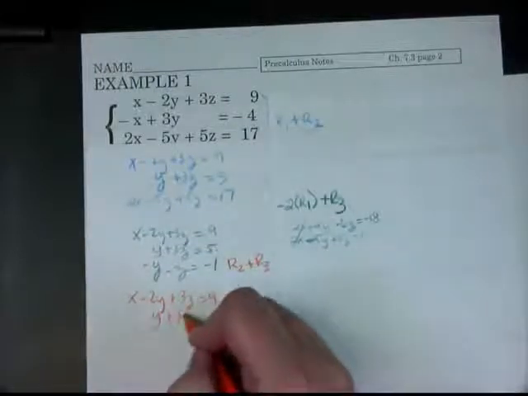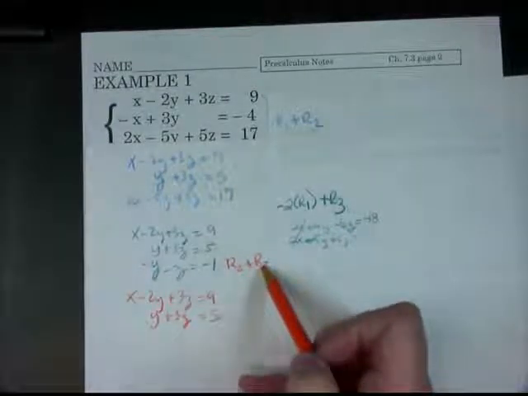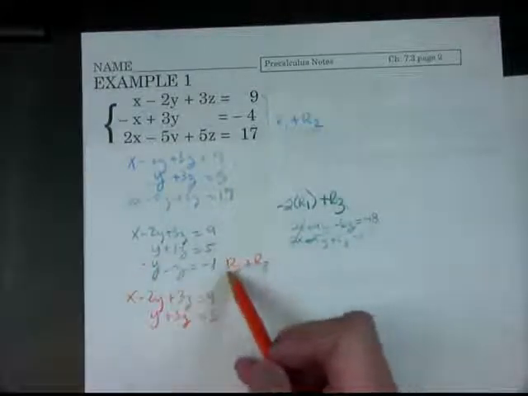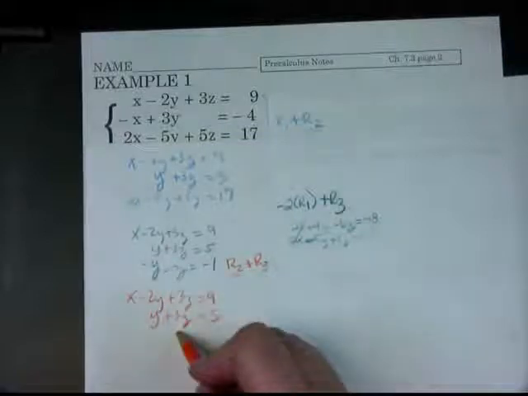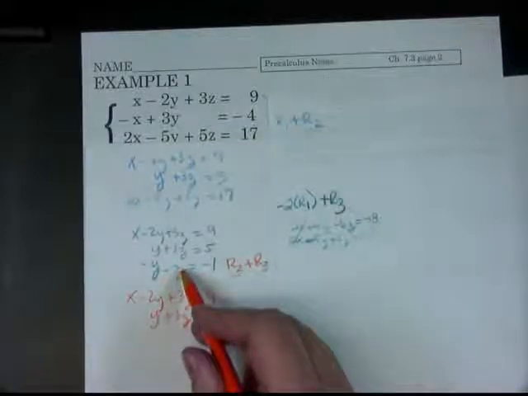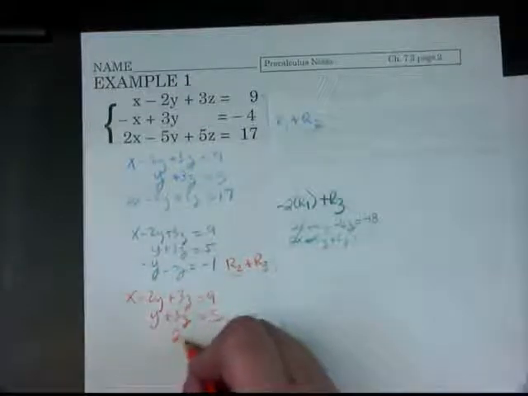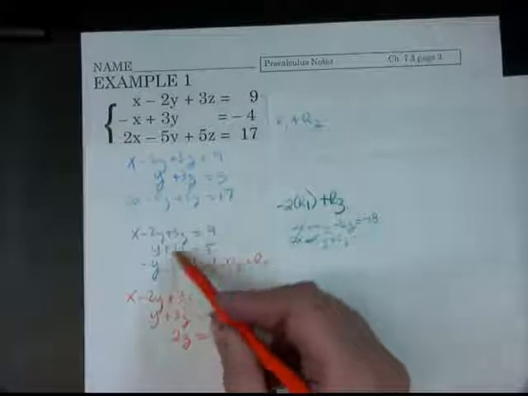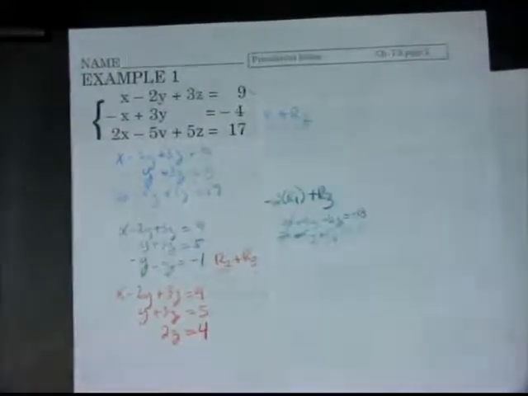Row 1 stays because we didn't do anything with it. Now when I add row 2 and row 3, row 3 is the one changing, row 1 stays. I get 0, I get 2z, because 3 minus 1 is 2, and then 5 minus 1 is 4.